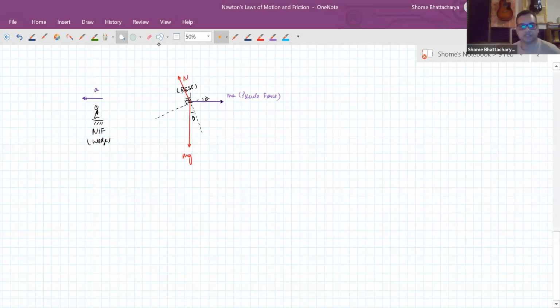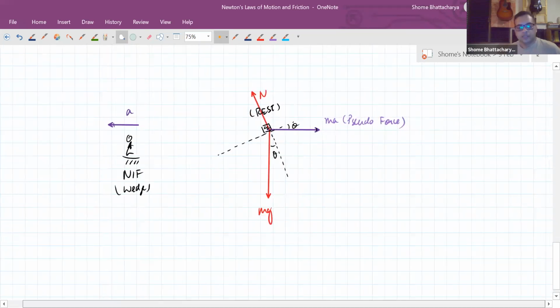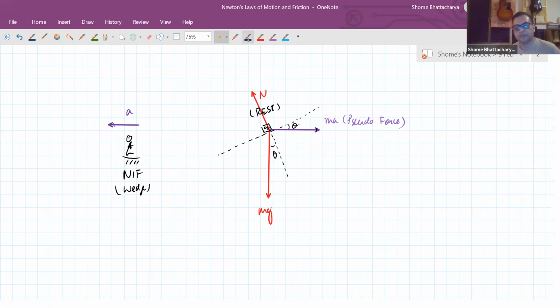Okay, so let's understand that. So what we are looking at is in this same situation the other forces, that is the pseudo force, the weight and the normal reaction. Now suppose the condition for us here is that the pseudo force's cos component is greater than mg sin component.